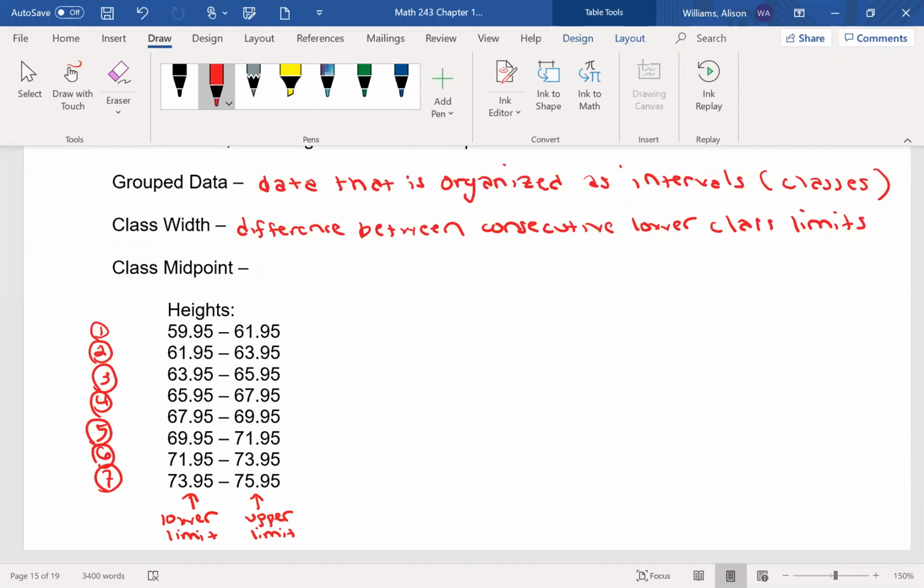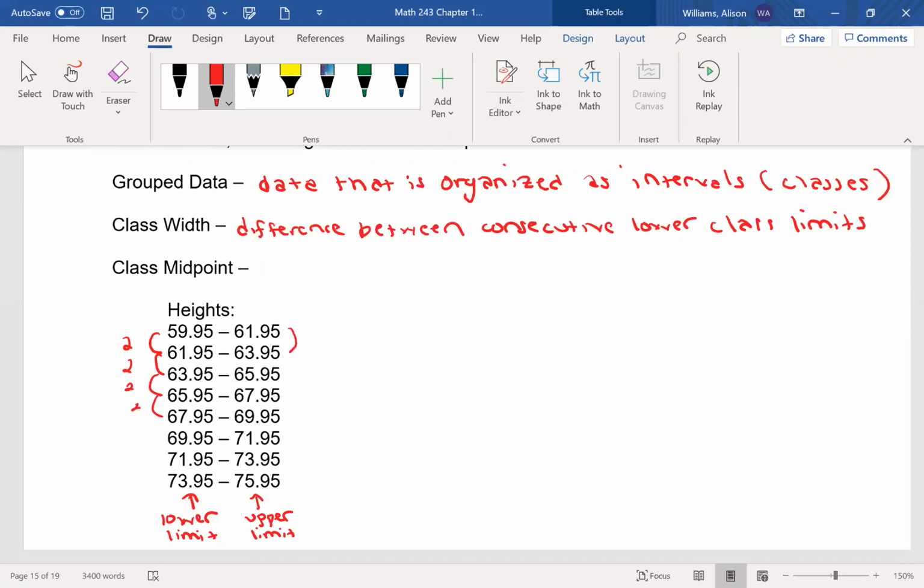So the difference between consecutive lower class limits, it also works for upper class limits too, by the way, but just for the ease of the definition, that means we're taking the difference between these two numbers. So 61.95 and 59.95 is a difference of 2. In other words, if I add 2, I'm going to get to the next lower class limit.